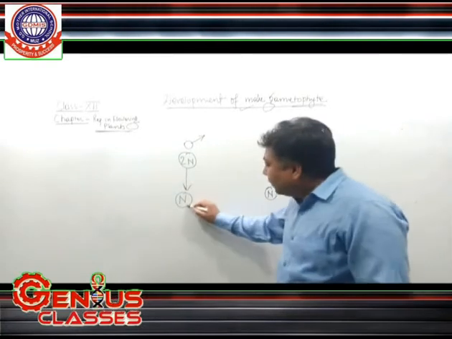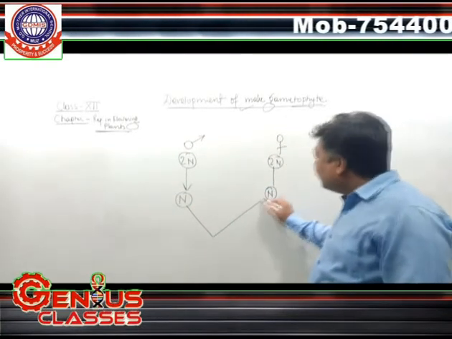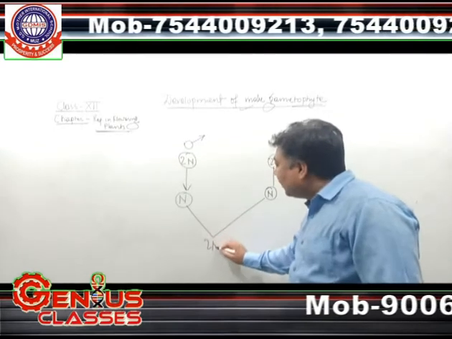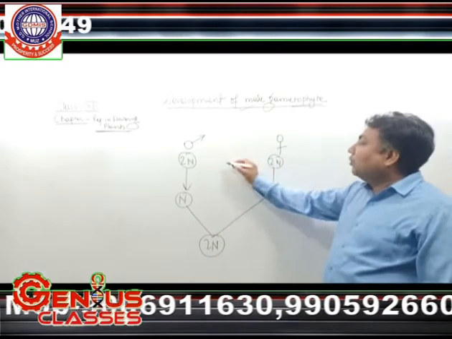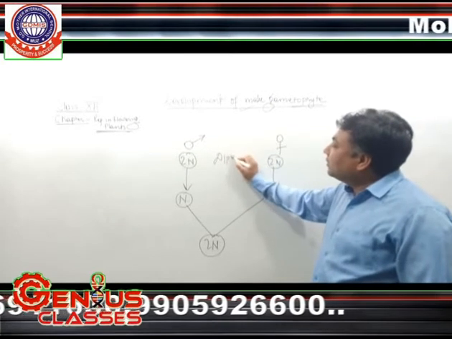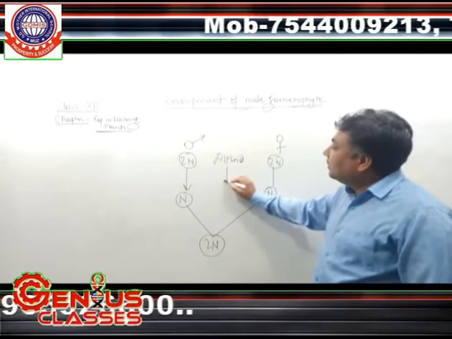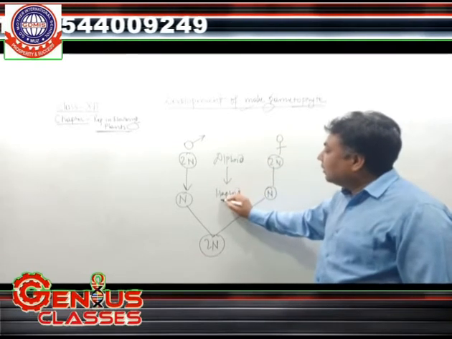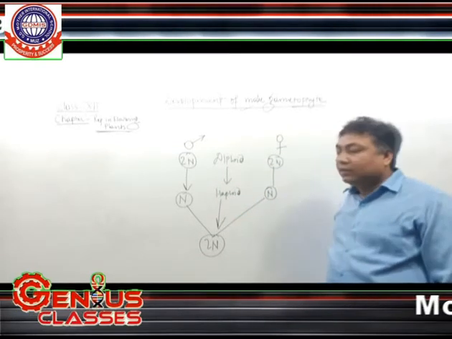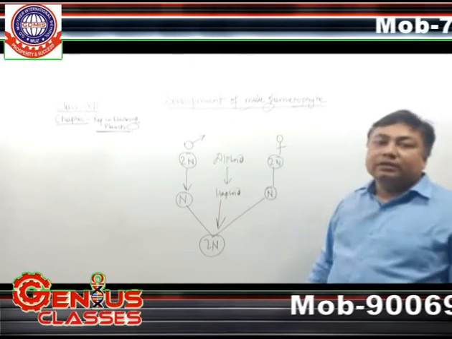And when fusion of these gametes occurs, again the first cell of life, the zygote, comes into appearance. So from diploid, haploid generation came into origin, which forms again the diploid zygote.